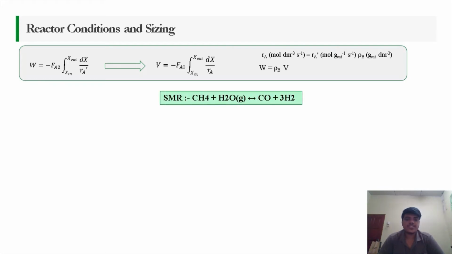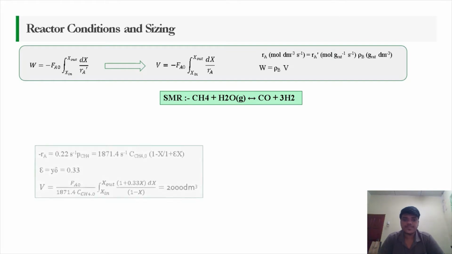Now, SMR is CH4 plus H2O, which will be converted to CO plus 3H2. And the assumptions done for this process are that the side reactions are eliminated and it is made irreversible, which will be explained during the reaction conditions.